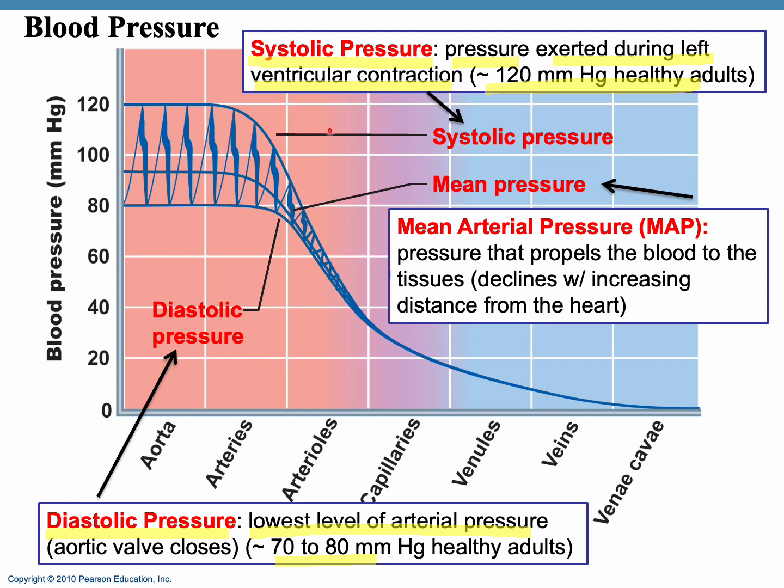If you were to take these two values together, systolic pressure and diastolic pressure, you would end up with what's known as the mean arterial pressure, which is known as the MAP. So mean arterial pressure, this is the pressure that propels the blood to the tissue cells of the body, and ultimately this declines with distance from the heart.